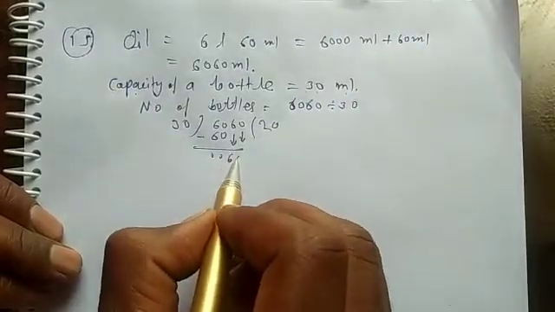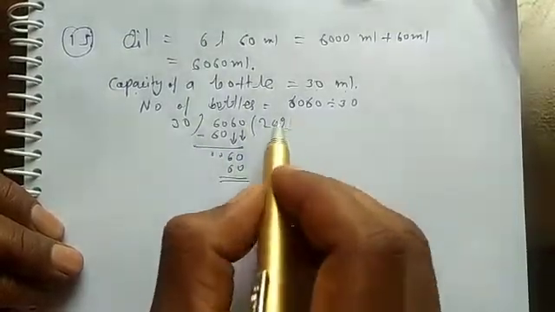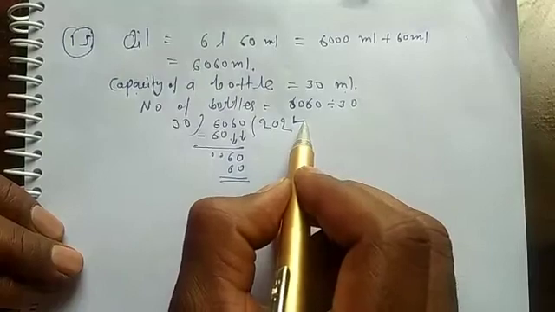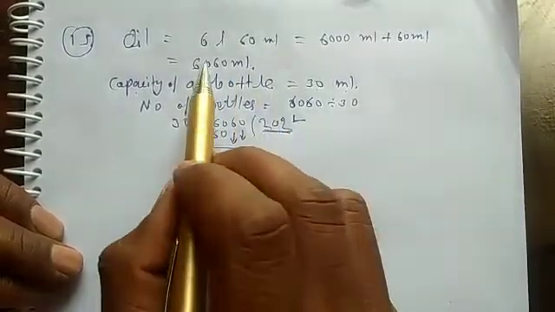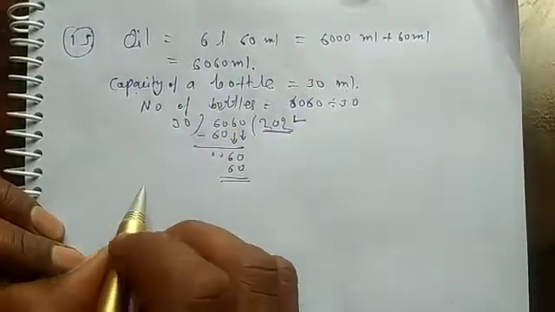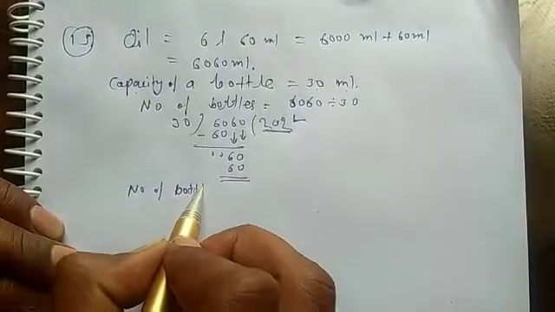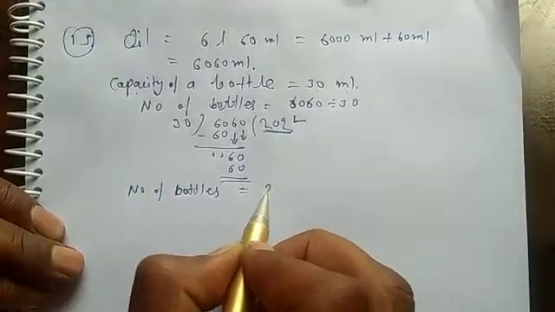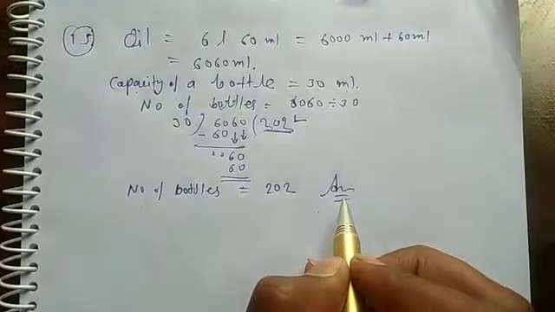Again bring down 0, 30s are 60. This is the quotient. It means this is the number of bottles that can be filled with this oil. So number of bottles are 202. This is the answer of this question.